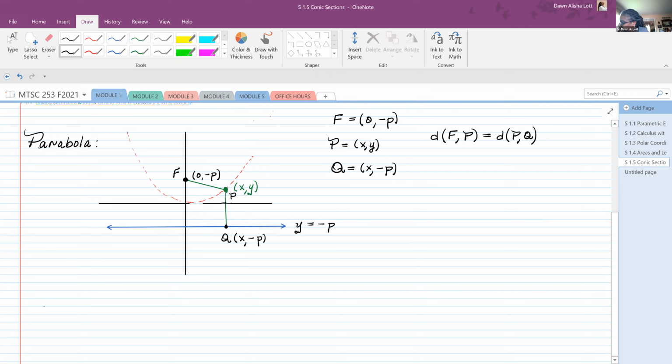The distance from F to P is the square root of X minus 0 squared, plus Y minus P squared.